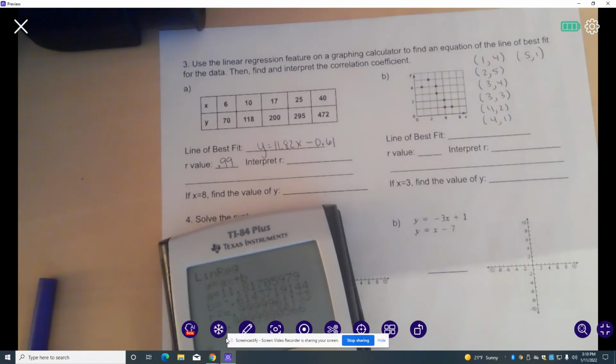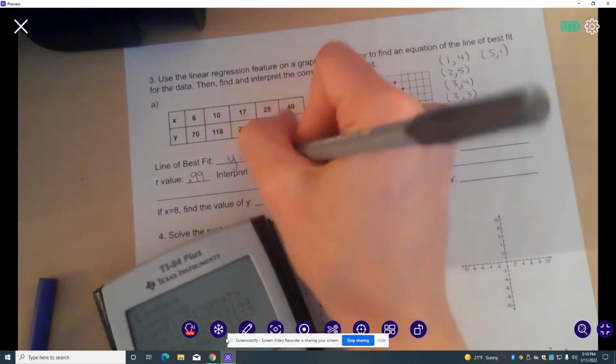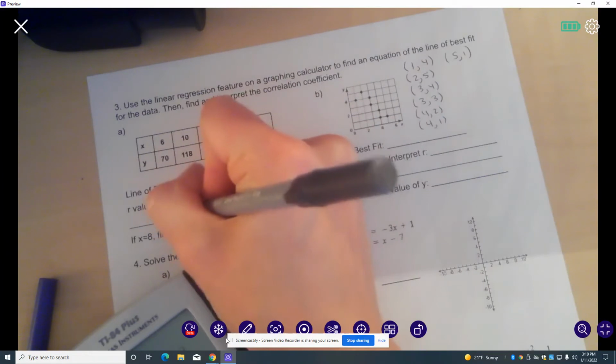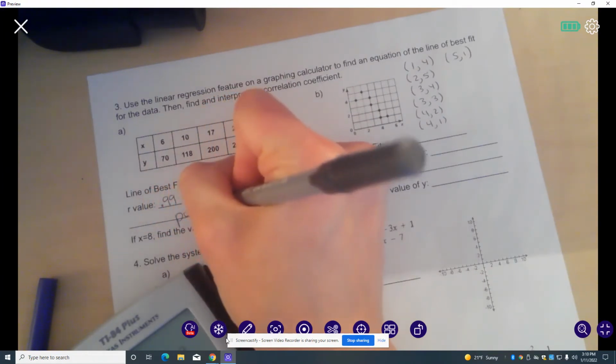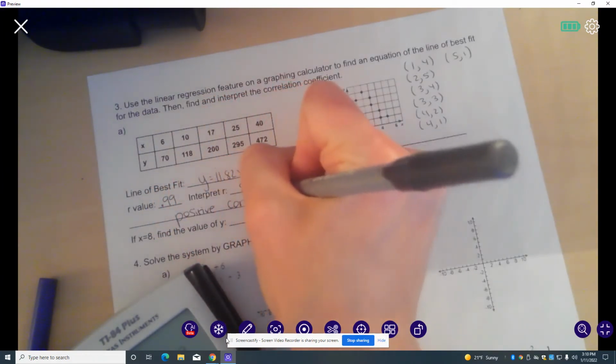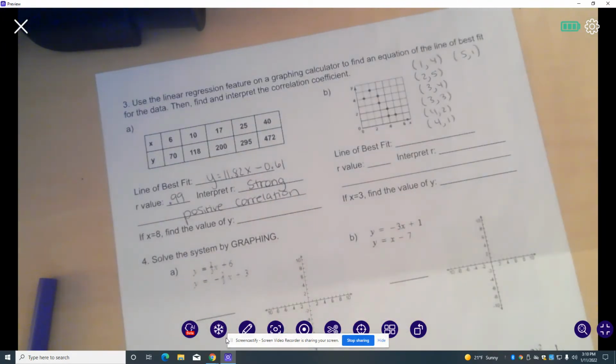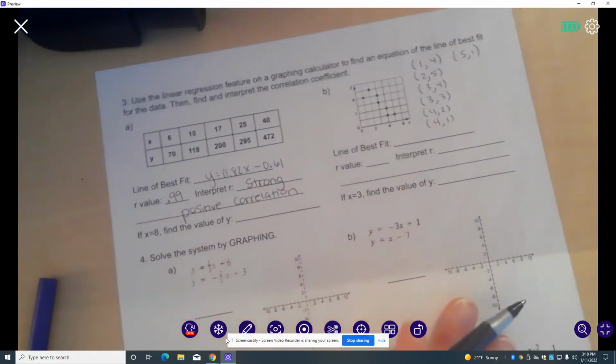And since it's positive, we have a positive strong correlation. So when it says interpret R, we're going to say a strong positive correlation.